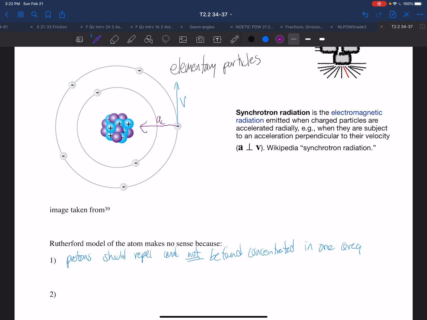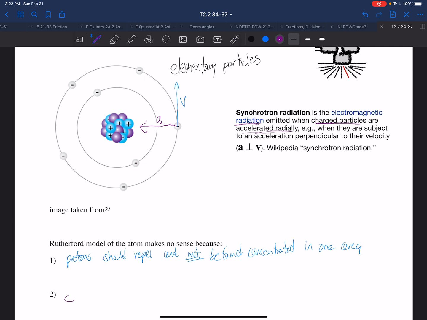Well, it was well known that if you have charged particles and they are accelerating, they give off radiation, and that radiation is energy. So what should happen over time as a charged particle is undergoing centripetal acceleration around the nucleus, it should be giving off radiation, losing energy, and should spiral into the nucleus.